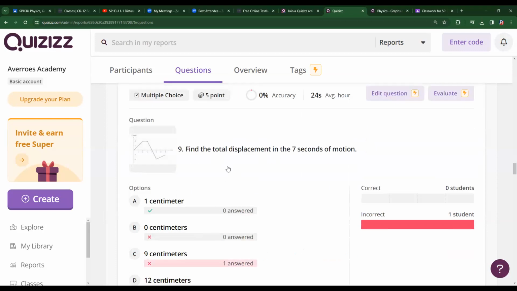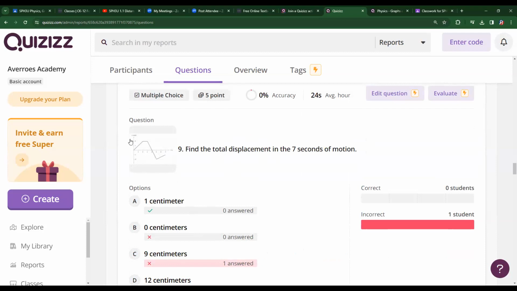Total displacement in 7 seconds. Okay, so 7 seconds, it's somewhere here. So to get total displacement, you subtract positions. So object was moving in positive direction, and here at 7 seconds, it looks like below, negative.